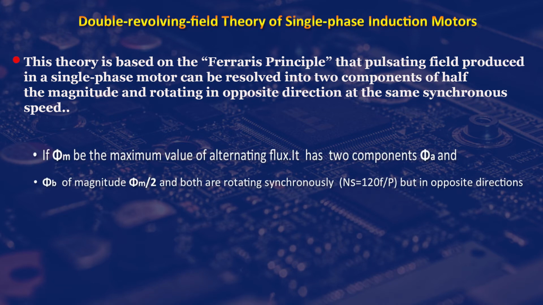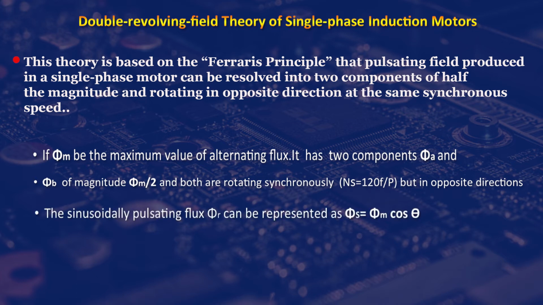Now, if we consider phi m to be the maximum value of the alternating flux, then we can assume that it has two components, phi a and phi b, both of the same magnitude, phi m by 2, and both rotating synchronously but in opposite directions.